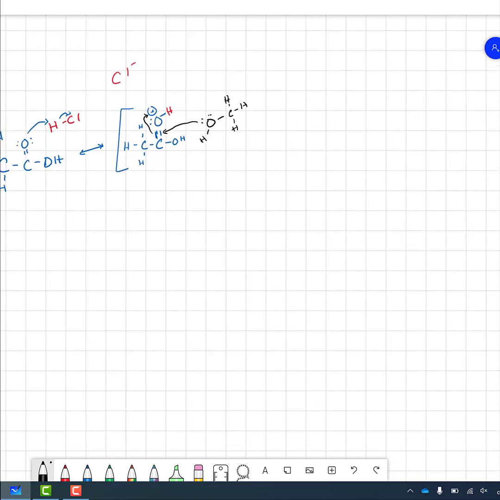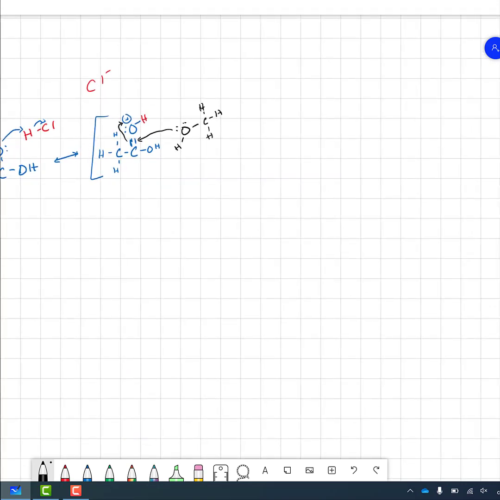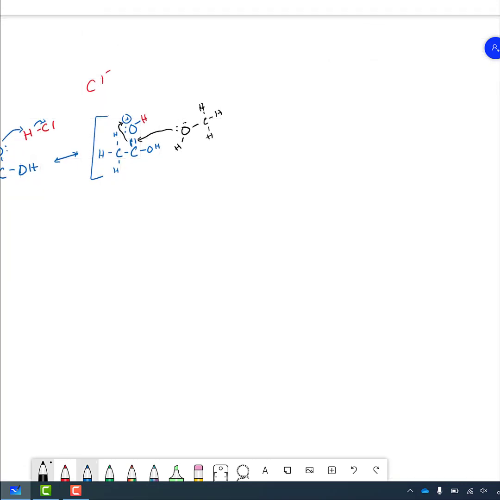And so now we will have an intermediate that looks like this.